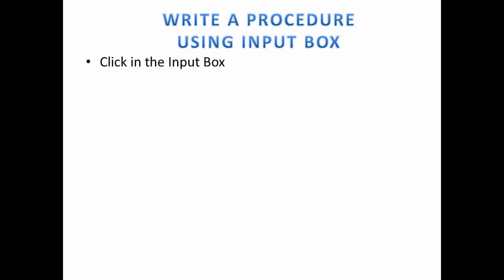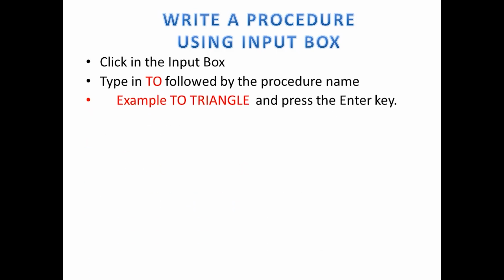First, click in the input box, type in to followed by the procedure name. For example, to triangle. Suppose you are making a procedure whose name is triangle. So the first step, you write in the input box and write down to triangle, the name of the procedure, and press the enter key.